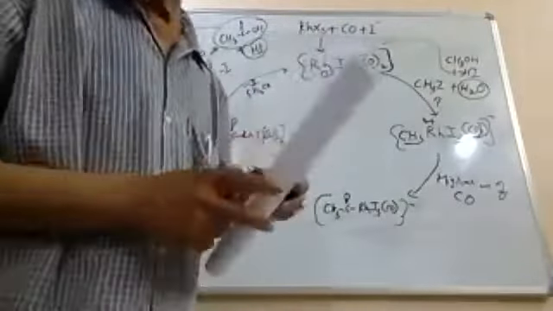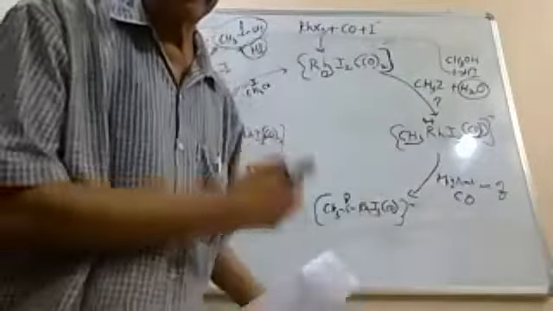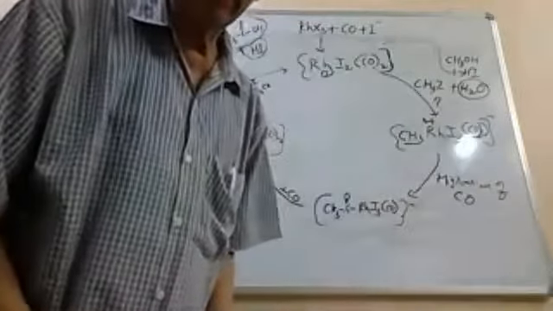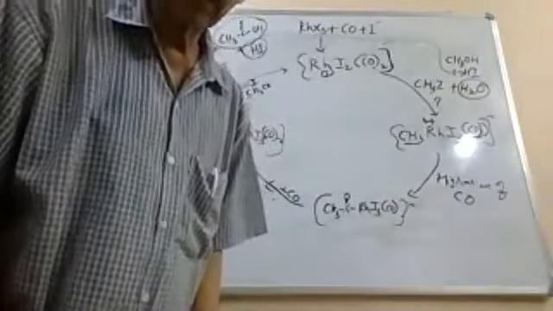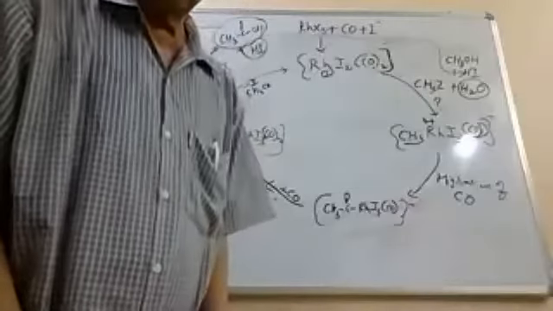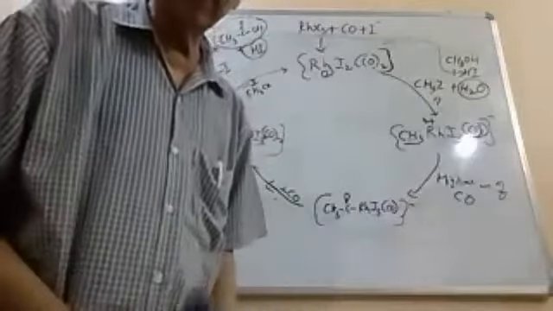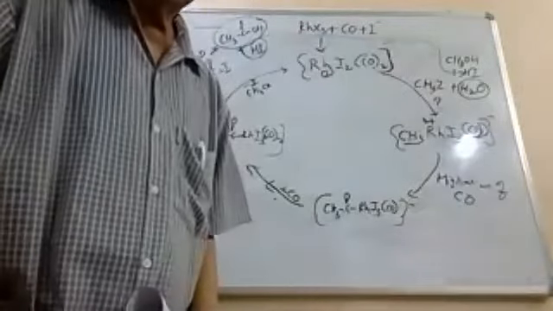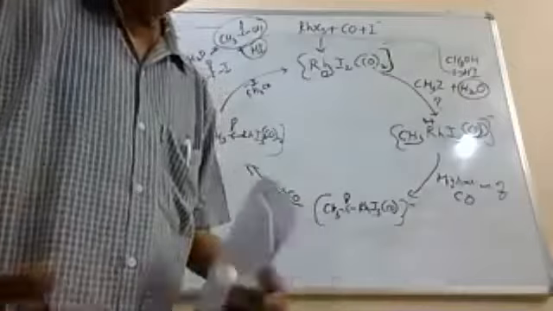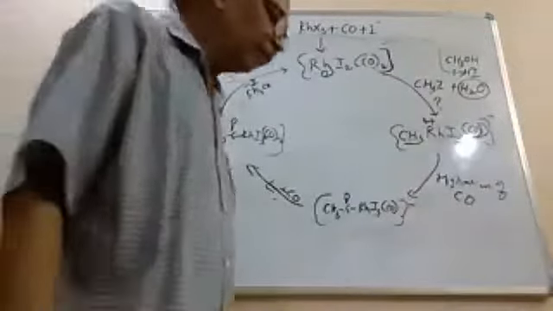Just in case you're wondering why we are learning this in organic chemistry, I think this lecture gives you ample justification for all the concepts we have been learning in coordination complexes, redox, all that stuff. It gives you a beautiful combination of redox and coordination complexes to give you industrially, commercially useful products like acetic acid, vinegar.